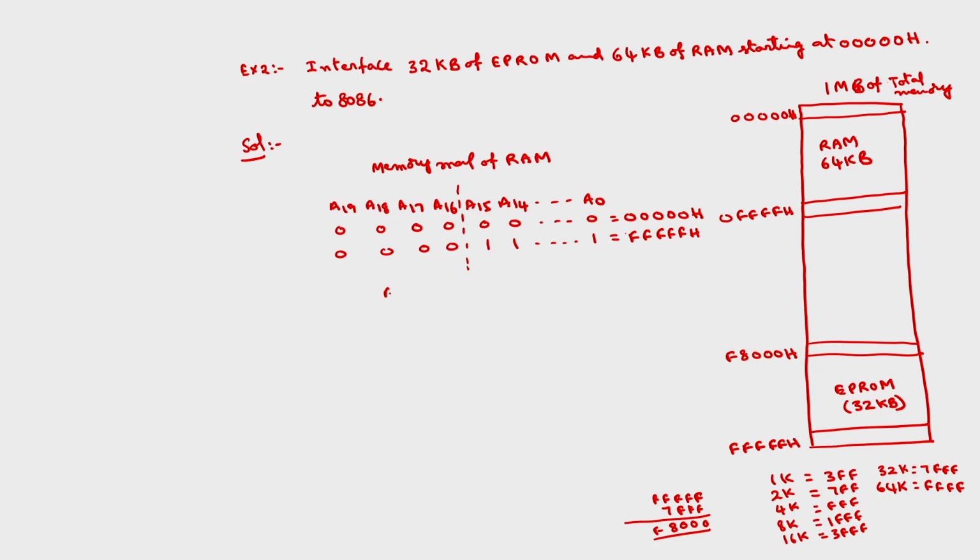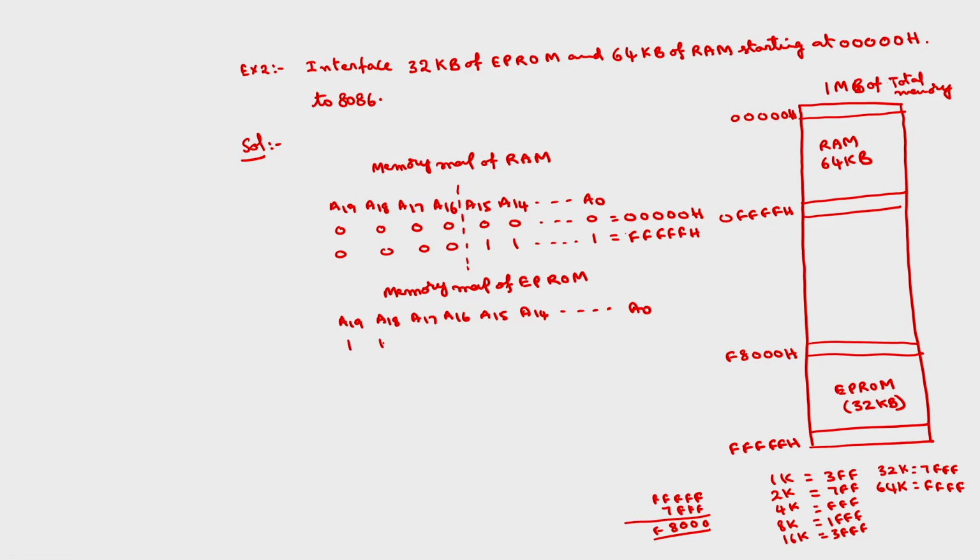Similarly, what is the memory map of the EPROM? A19, A18, A17, A16, A15, A14, and so on up to A0. The starting address is F8000H.